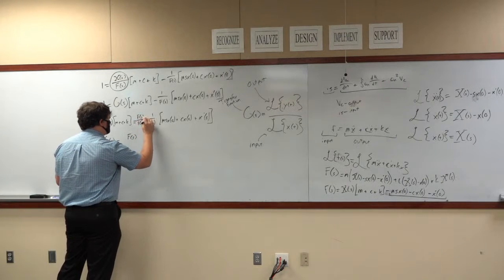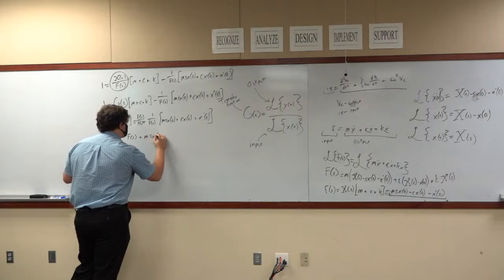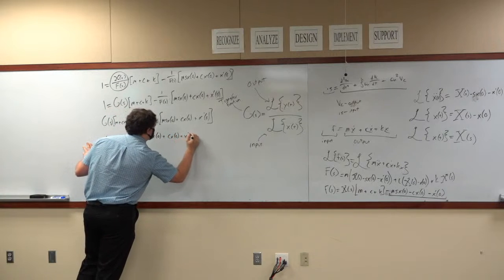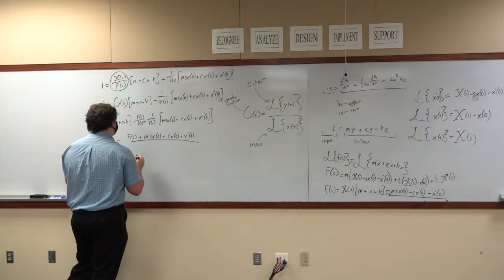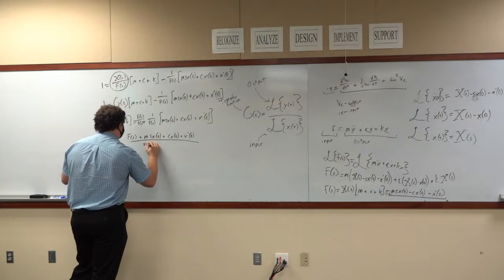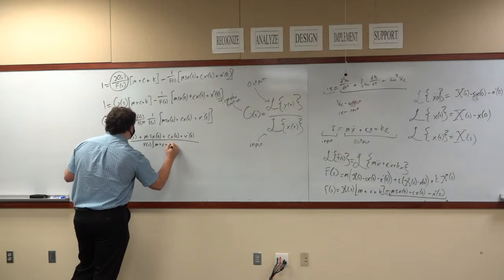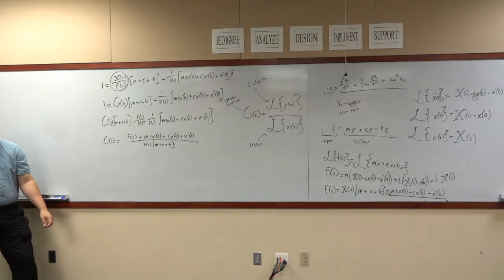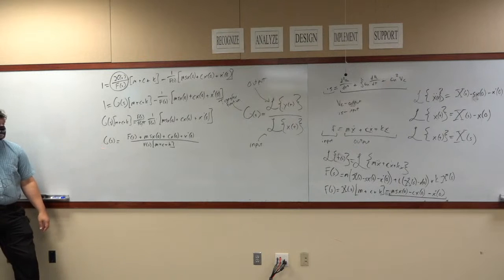So this becomes F of s plus m s x0 plus c x0 plus x prime 0, divided by F of s times m plus c plus k. And this is our transfer function now. Okay?